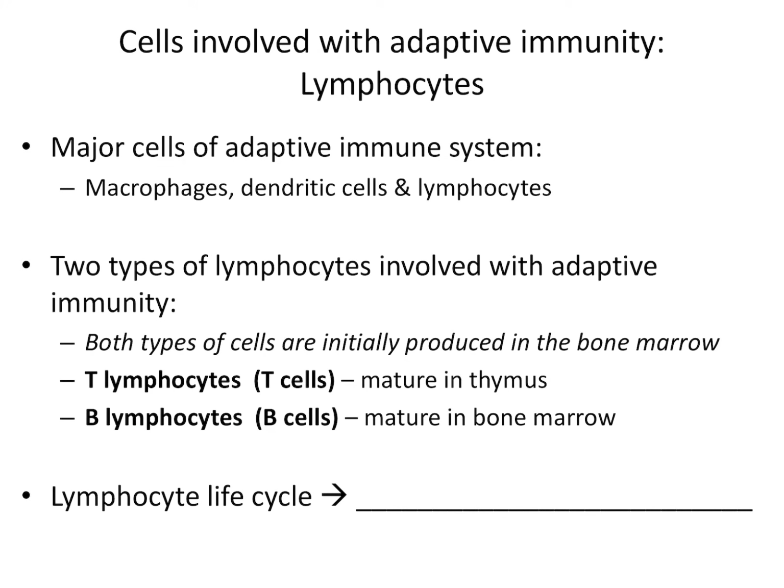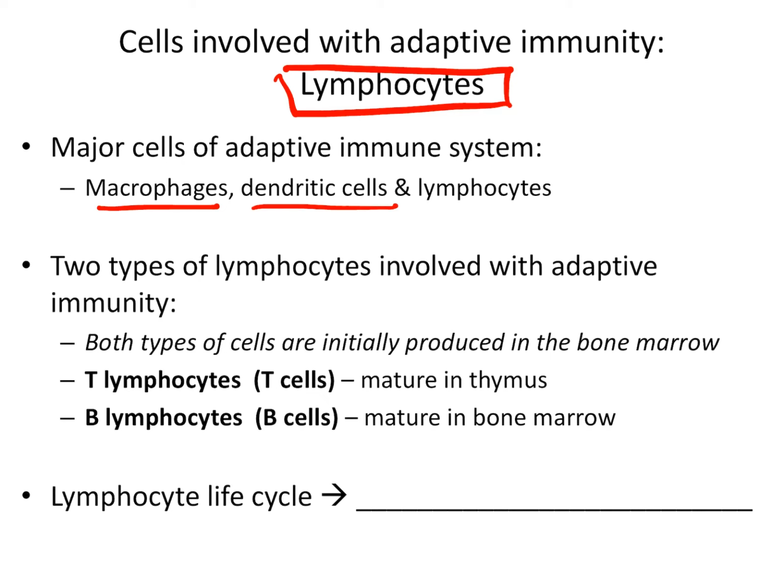Now, the major type of cell that's going to be involved with adaptive immunity is going to be our lymphocytes. However, we'll also see that macrophages and our dendritic cells will also be important for adaptive immunity.